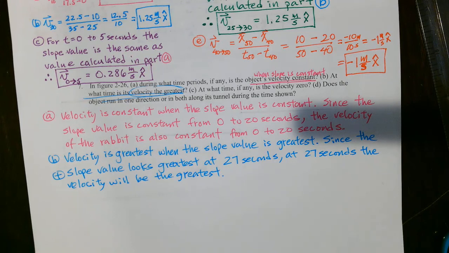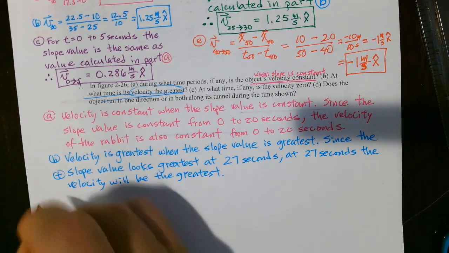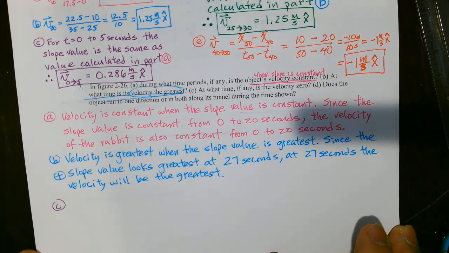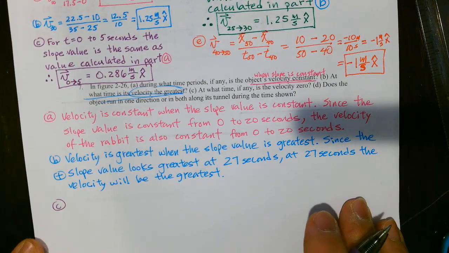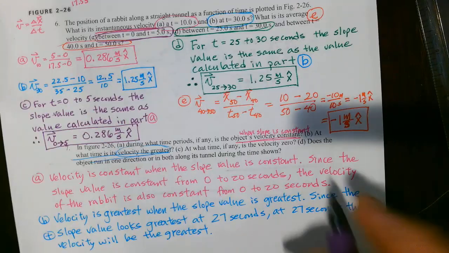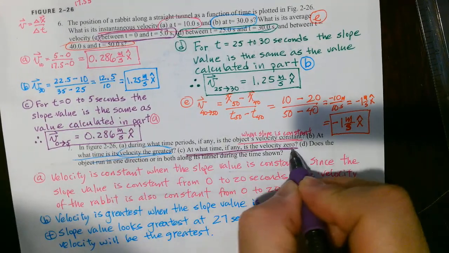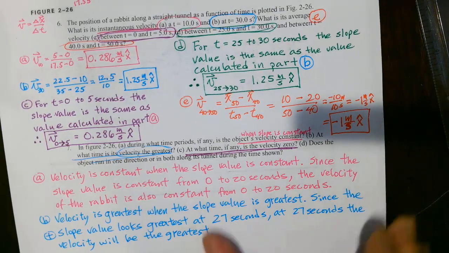All right, what about C? C asks, at what time, if any, is the velocity zero? Well, velocity is zero when the slope value is zero.